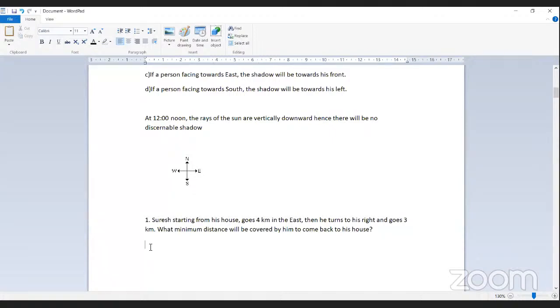Then it will be the square root of 4 squared plus 3 squared, which is 5 kilometers. Understood? Yes, ma'am. Okay.